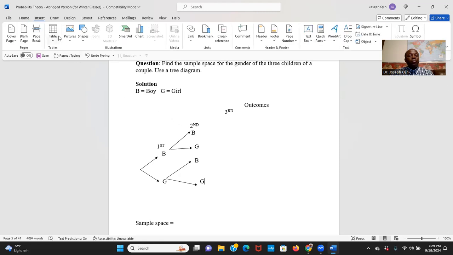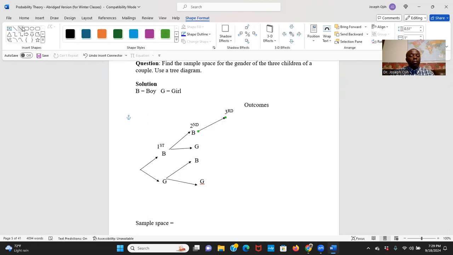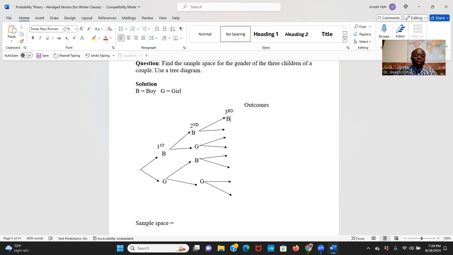So we have boy or girl, then for this one also boy or girl, then next boy or girl. The last but not least is boy or girl.